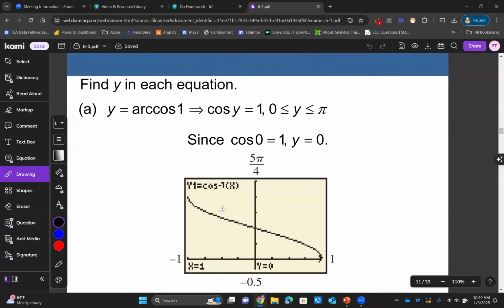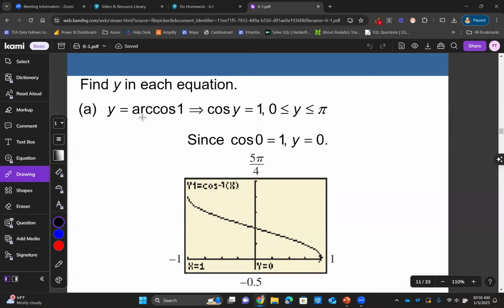Here's an example. We have y equals arc cosine of 1. If I think about this question in English, I'm looking for the angle whose cosine value is equal to 1, and I can only use the angles from 0 to pi because of the domain of the arc cosine function. So the book says that when you see this question, you can rewrite your equation.